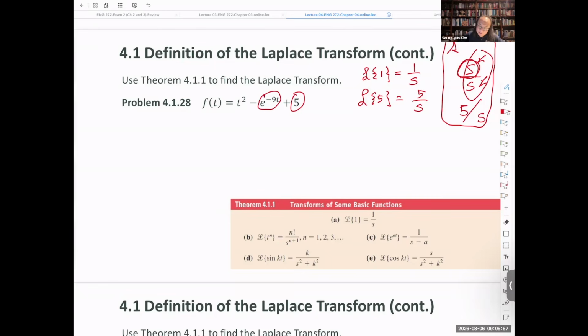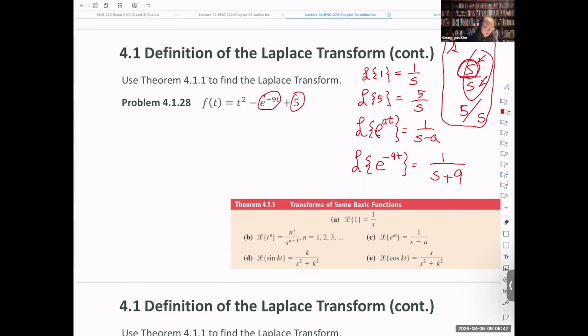So that's that. This one in the equation sheet is the Laplace transform of e to the at equals 1 over s minus a. Therefore, the Laplace transform of e to the, I'm sorry, this should be a 9 that looks like a 9. If we have e to the minus 9t, that is 1 over s minus (negative 9), so it's going to be s plus 9.